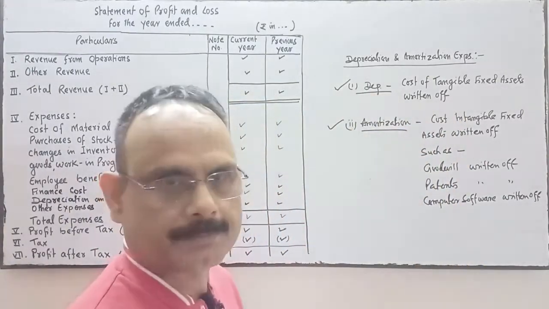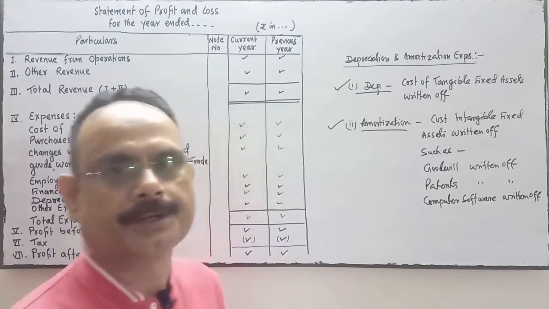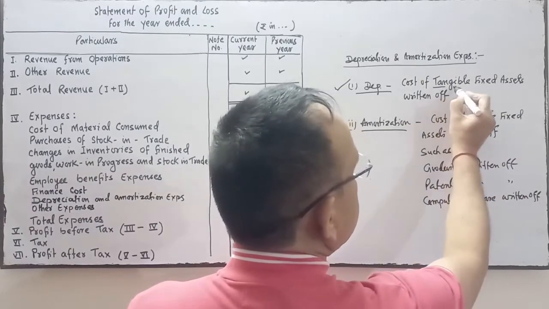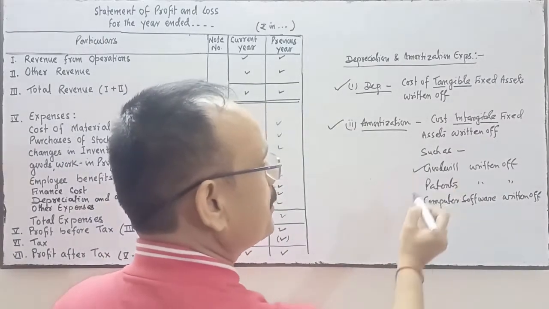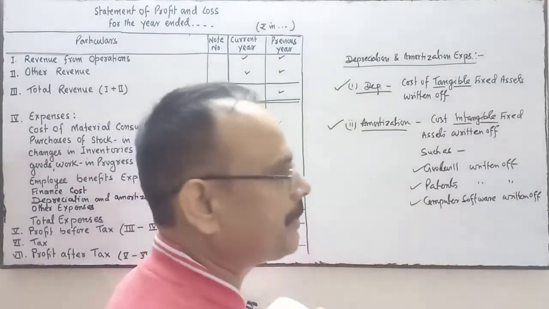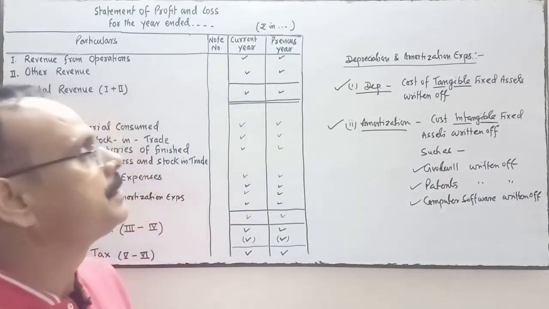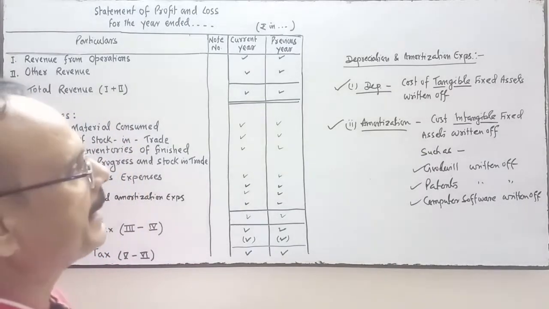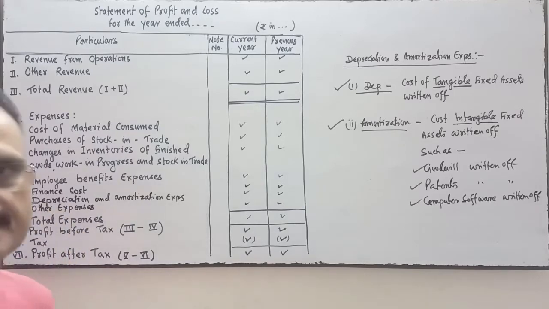Amortization means when the cost of intangible assets, such as goodwill, patents, computer software, copyright, is written off. Is it clear? Then the word amortization is used. Depreciation and amortization is the next line item after the finance cost, and thereafter other expenses.